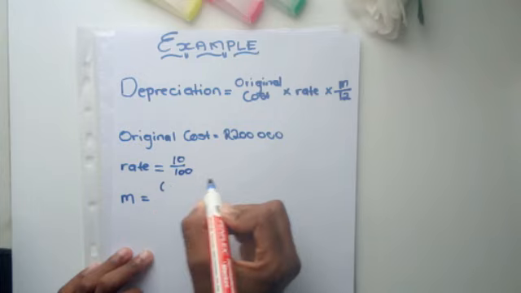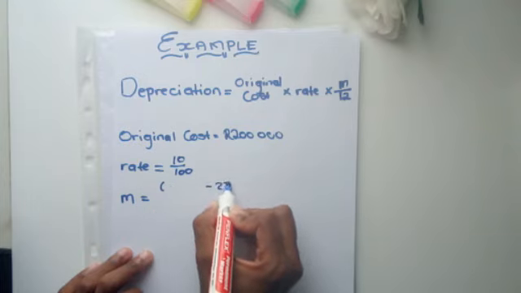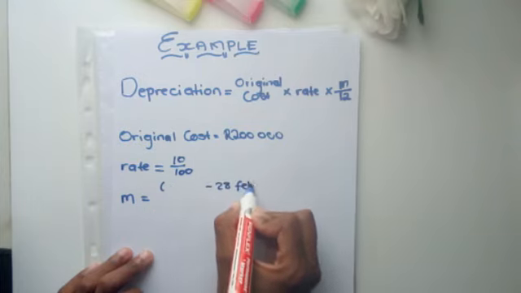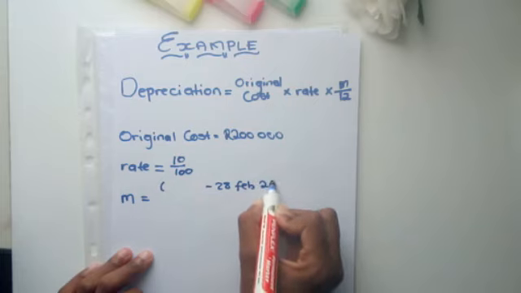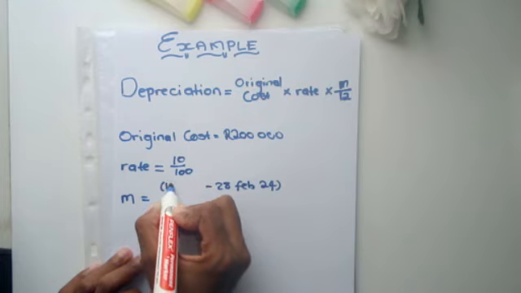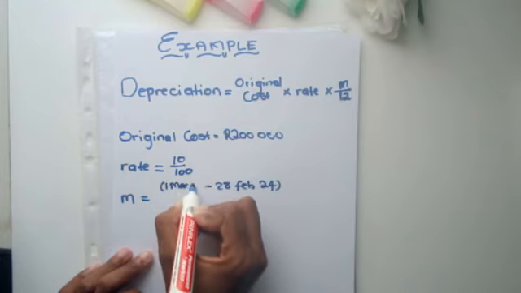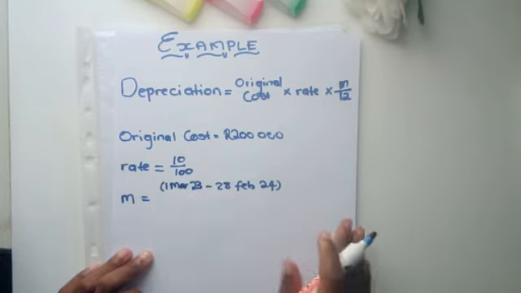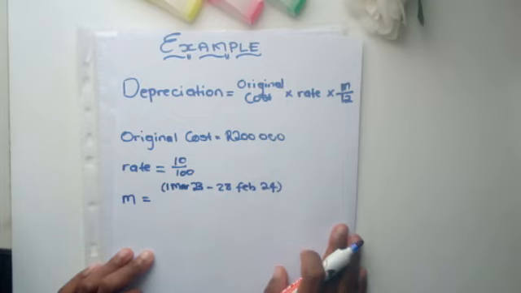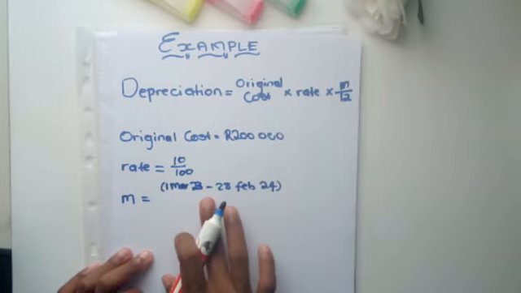So if our financial year ends at 28 Feb 2024, then it means it began on the 1st of March 2023.